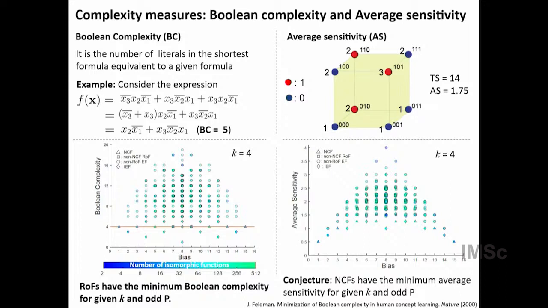And whereas the ROFs are rectangles, squares, and they are sort of above the NCFs. And so this measure sort of distinguishes the ROF and the NCF, or rather the non-NCF ROF. And so this led us to conjecture that the NCFs have the minimum average sensitivity for a given number of inputs and for any odd bias.